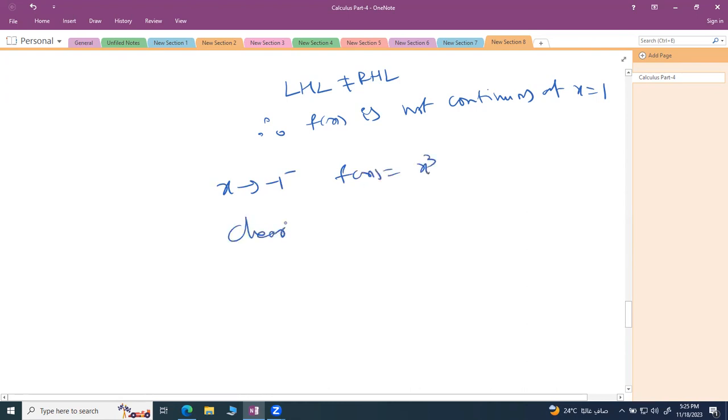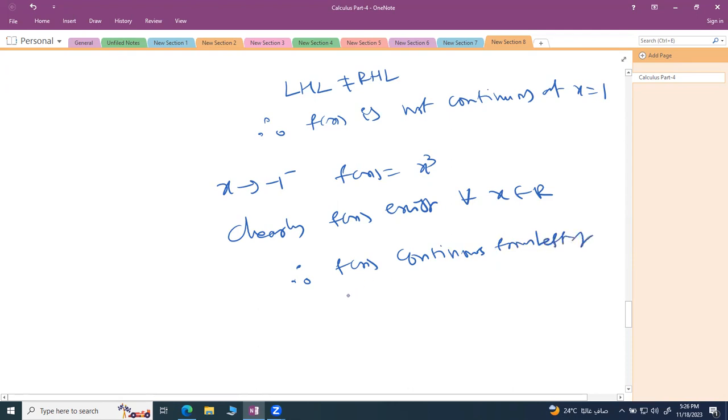Clearly, f of x exists for all x belongs to R. Therefore, f of x is continuous from the left of minus 1.